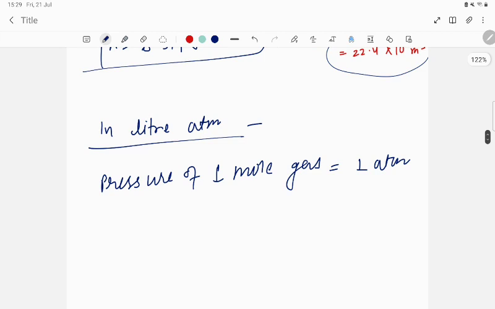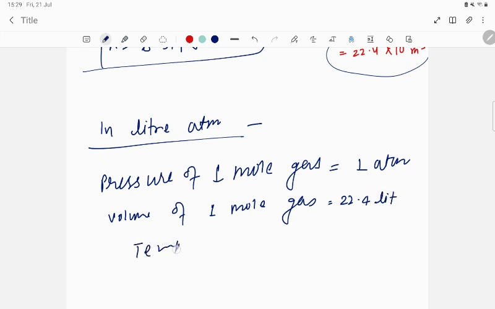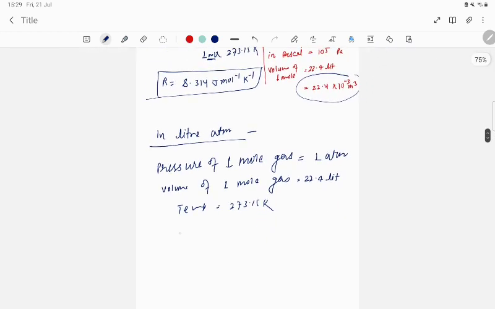Now second thing, volume of 1 mole gas is 22.4 liter. Temperature, student, how much do we have to consider? Temperature is 273.15 Kelvin.